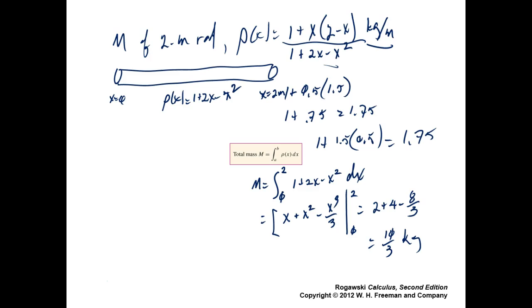Good for them. Now, in some situations, here is a generalization. Density is a function, rho, of x and y that depends not just on the distance to the origin, but also on the coordinates x and y.